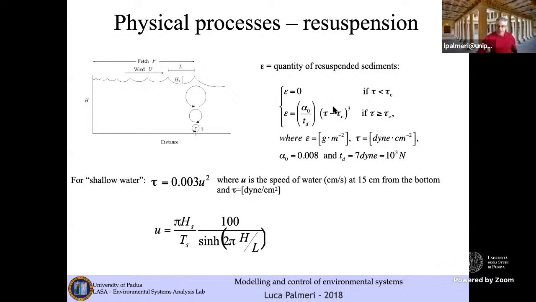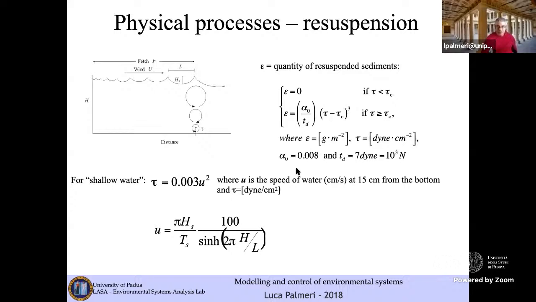I remind you that this is the modulus of a shear stress that is bigger than the modulus of the critical shear stress, so this quantity is positive, and the cube of a positive quantity is positive. So we have a positive, upgoing force that is moving material.